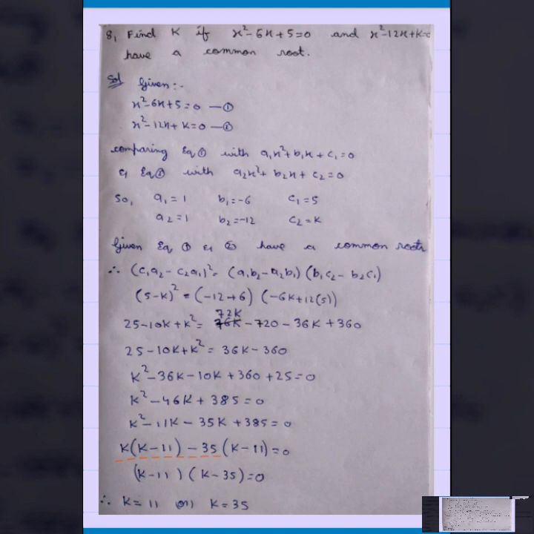Taking k as common, we get k into (k minus 11). Taking minus 35 as common, we get minus 35 into (k minus 11) equal to 0. So taking (k minus 11) as common, we get (k minus 11) into (k minus 35) equal to 0. So we got the values of k, that is 11 or 35. So moving on to the next question.